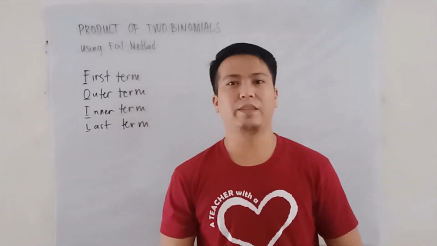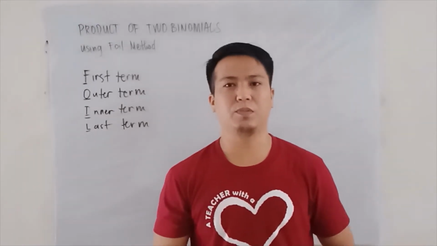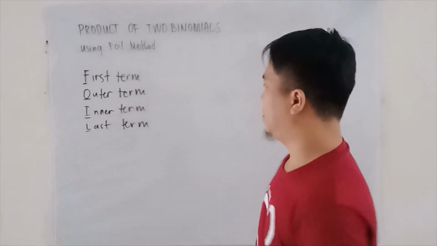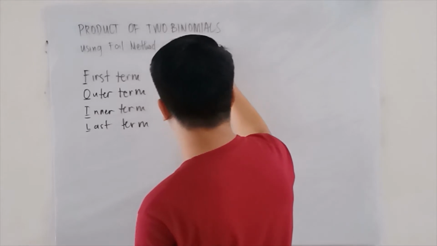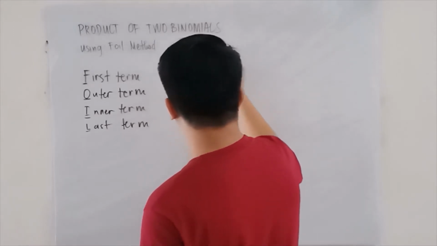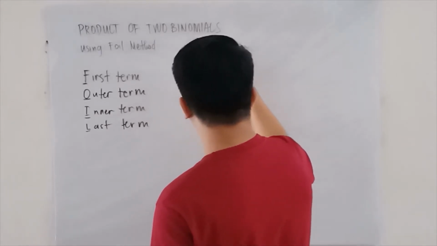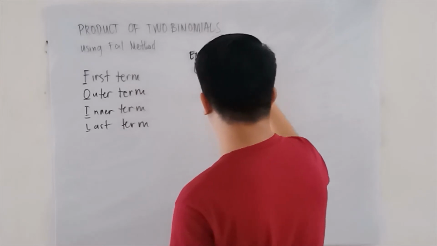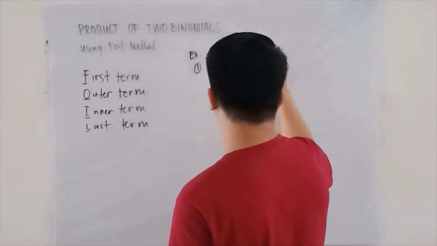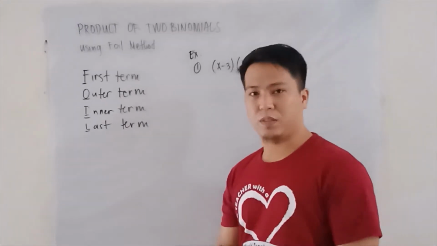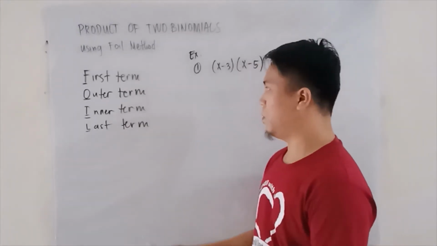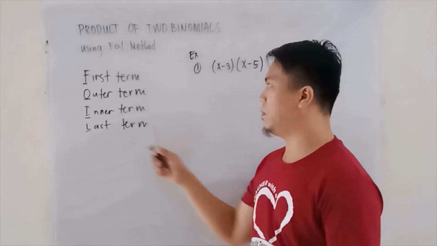After we have the FOIL method, let's proceed to our first example. Our example number 1 is x minus 3 times x minus 5. In this example, we're going to use the FOIL method. So we're going now to locate the first term.